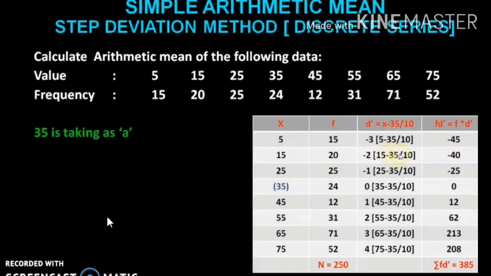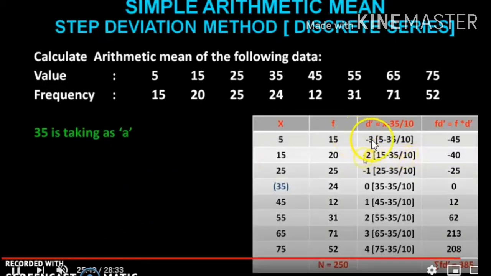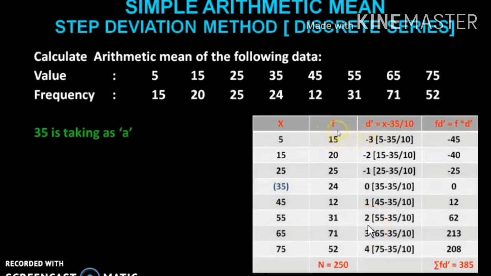Next column we need is f into d dash. f into d dash is this column multiplied with this column. So you will be getting the answers minus 45, here minus 40, here minus 25, here 0, here 12, here 31 into 2 it's 62, here 71 into 3 it's 213, and 52 into 4 it's 208.